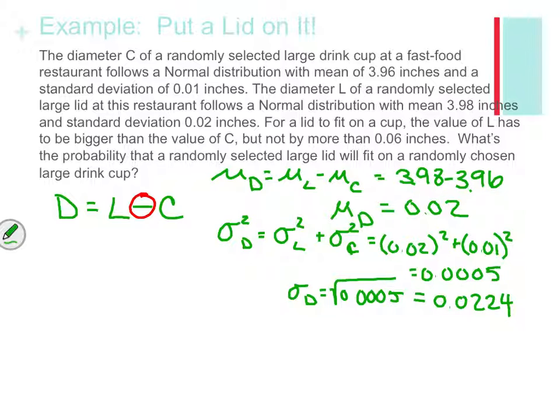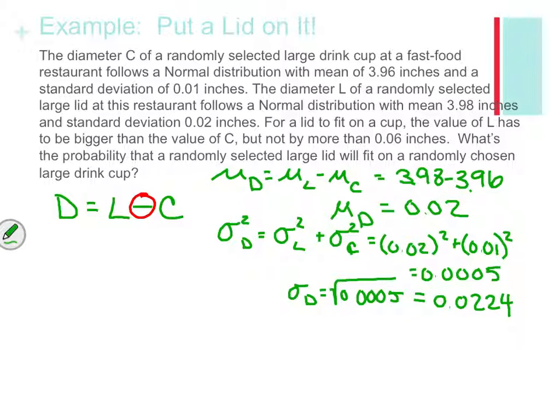Now they go on to tell you that for a lid to fit on a cup, the value of L has to be bigger than the value of C, but not more than 0.06.